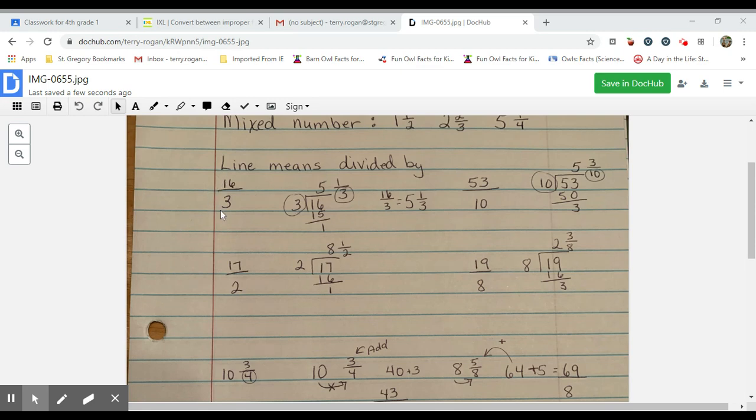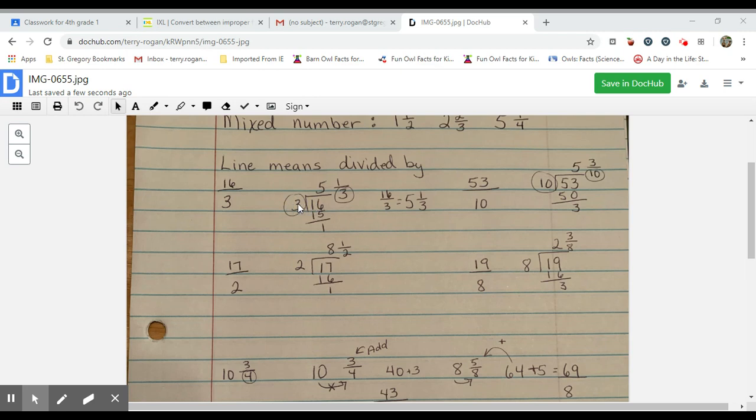So if you look at this fraction right here, 16 thirds, that is an improper fraction. And how we can change this improper fraction into a mixed number is by using division. So if you look over here, this means 16 divided by 3. I have set that up, 16 divided by 3.